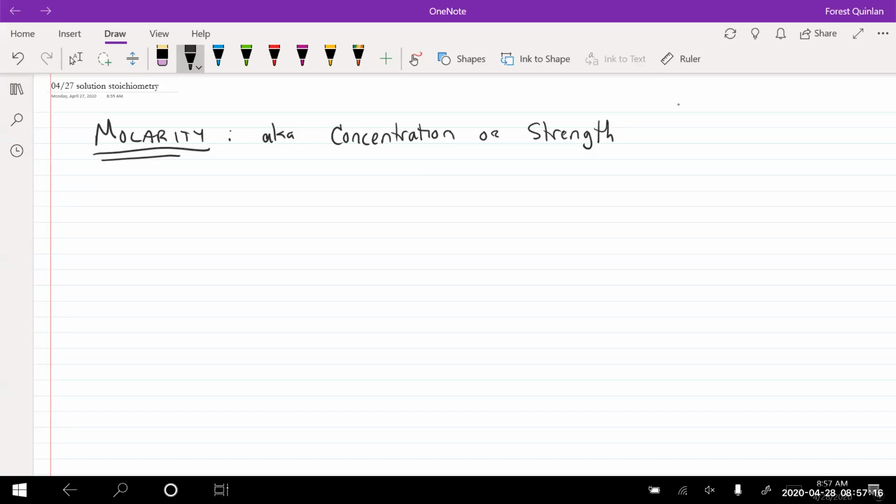And molarity is given a capital, well, it's technically a script M, or an italic M, and is defined as moles of solute per liter of solution. So molarity is moles over liters. And it's a way for us to take into account the amount of stuff inside of a liquid volume. And that's how most of our experiments go.